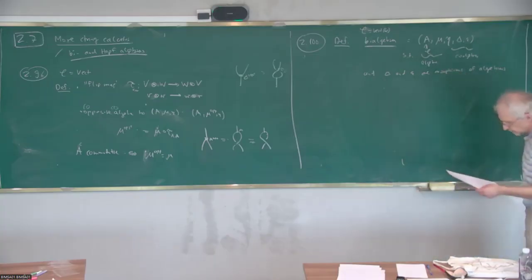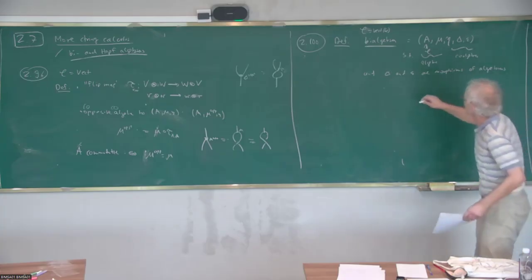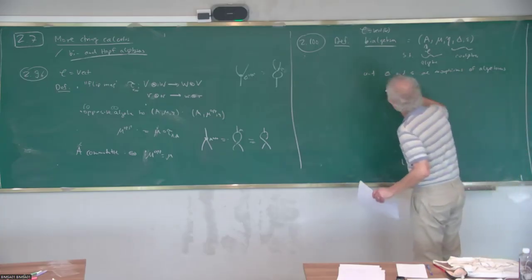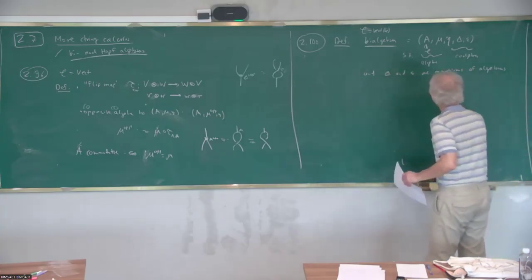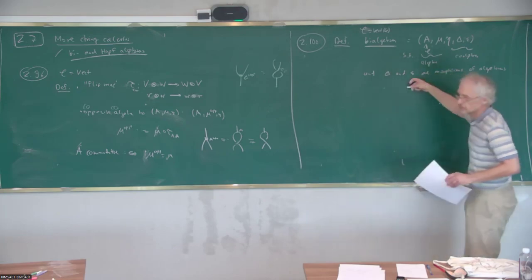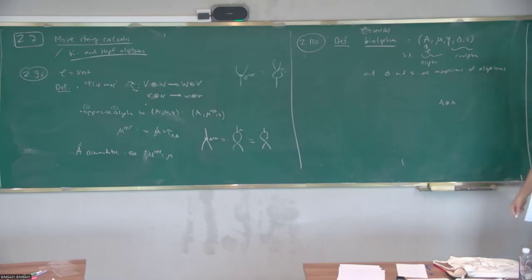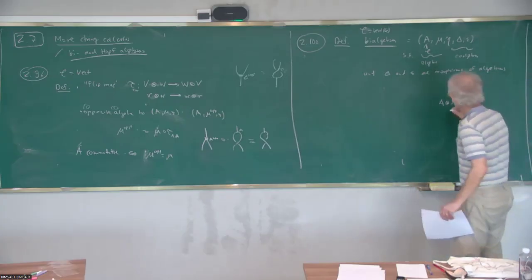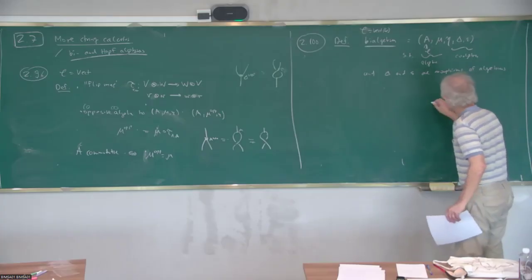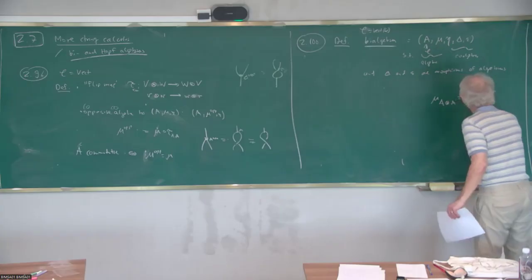In order for this to make sense, I have to use an algebra structure on A tensor A and an algebra structure on K. On K it's trivial, we just use the identity. On A tensor A, the algebra structure is as follows.